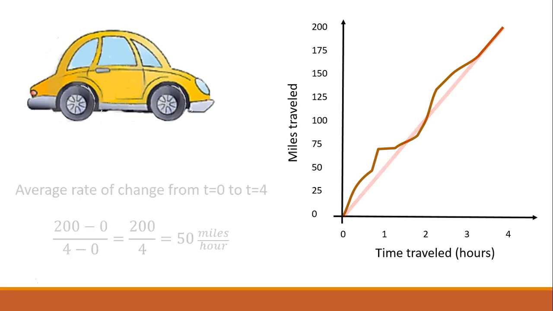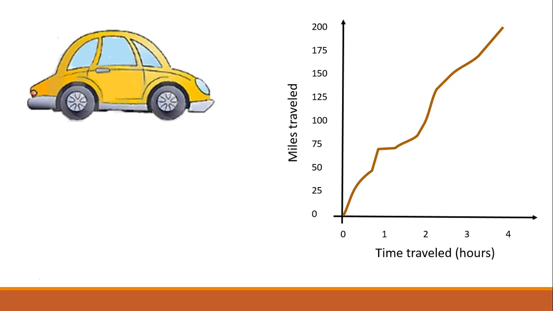But what if we change our question a little bit? What if we ask how fast you were traveling at exactly 2 o'clock? Now this gets a little bit trickier. And when we look at our graph and we think about how we found the average rate of change, the average speed over a period of time, we were looking for the slope of a secant line.